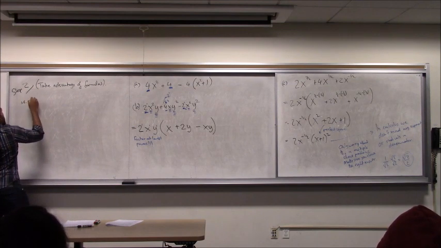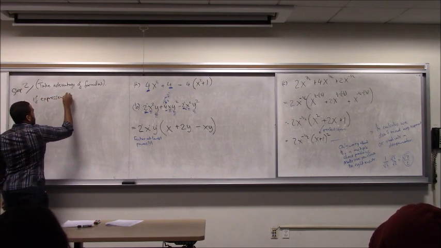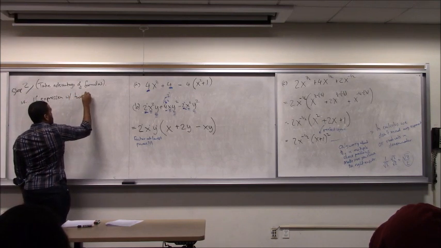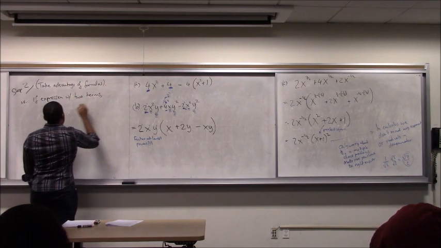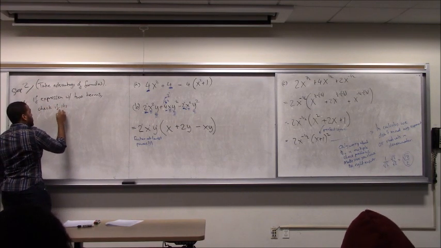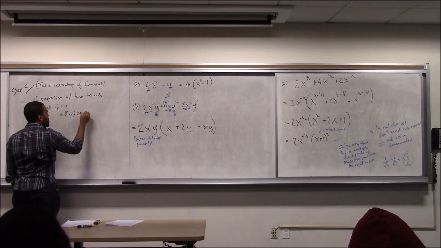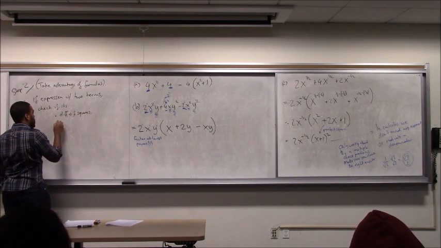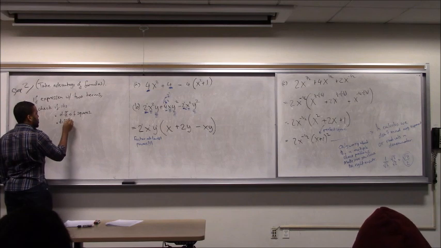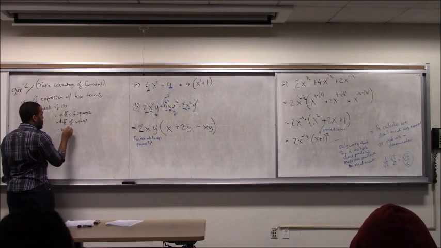I.e., if you're asked to factor an expression with 2 terms, check if it's difference of squares or difference of cubes. All right, we went over this already, so I'm not going to go over it again. Or sum of cubes.